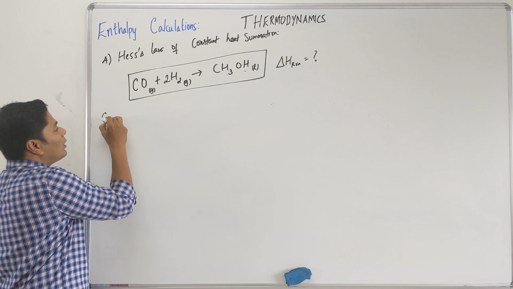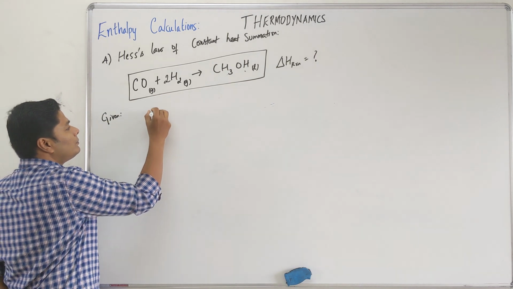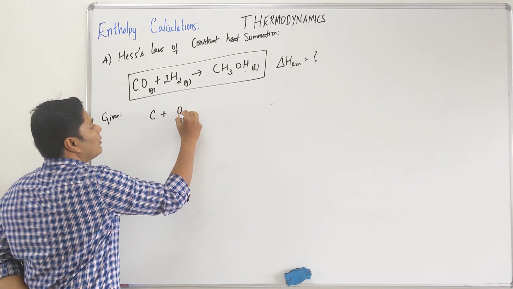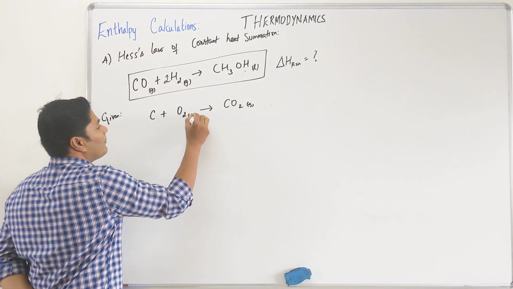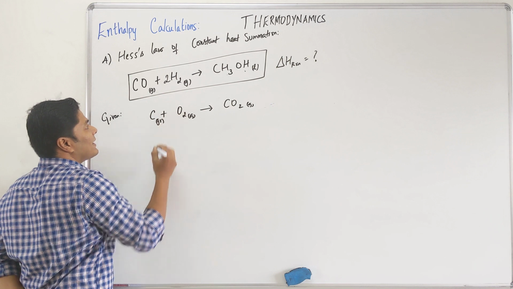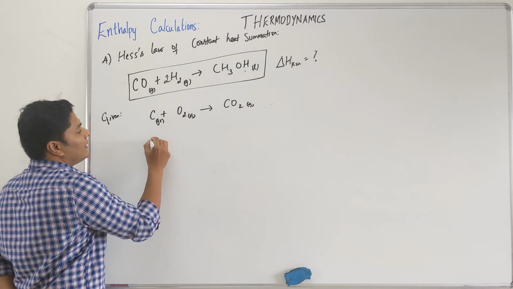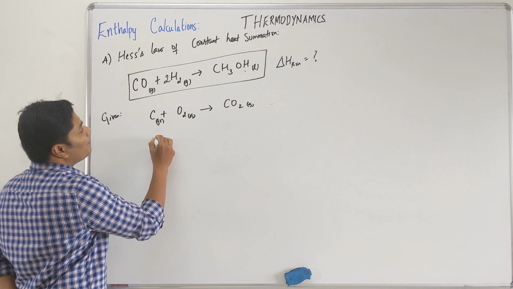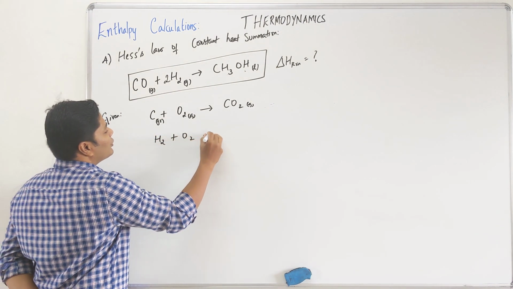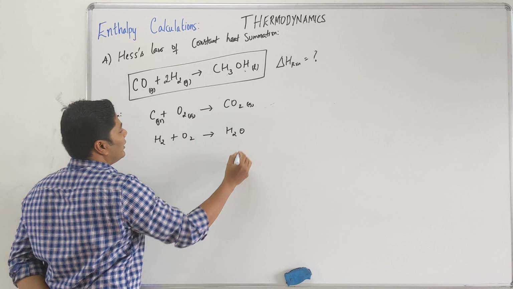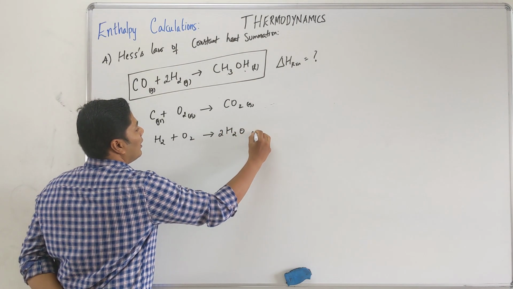Let's say for example, what all will be given. C plus O2 gives CO2 gas, carbon as graphite. Then they can give you H2 plus O2 gives 2H2O liquid.